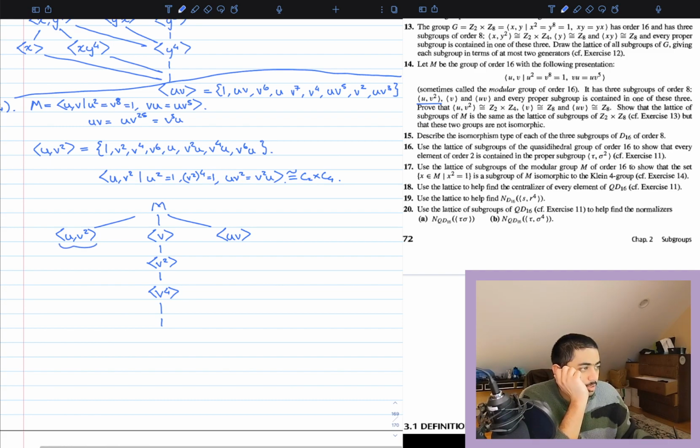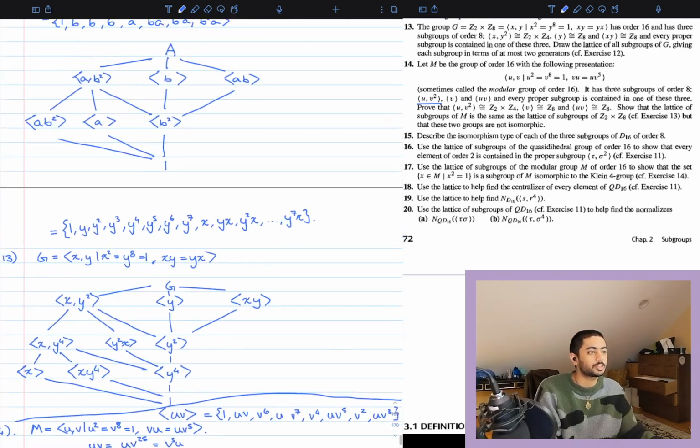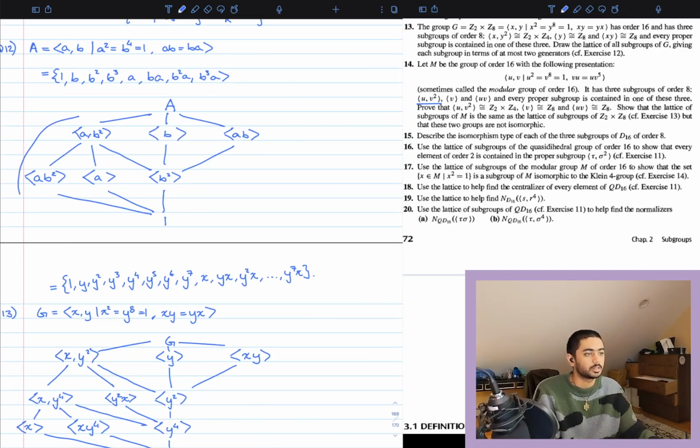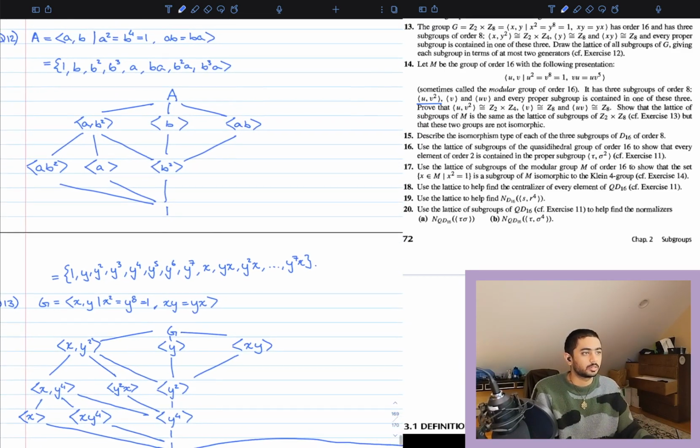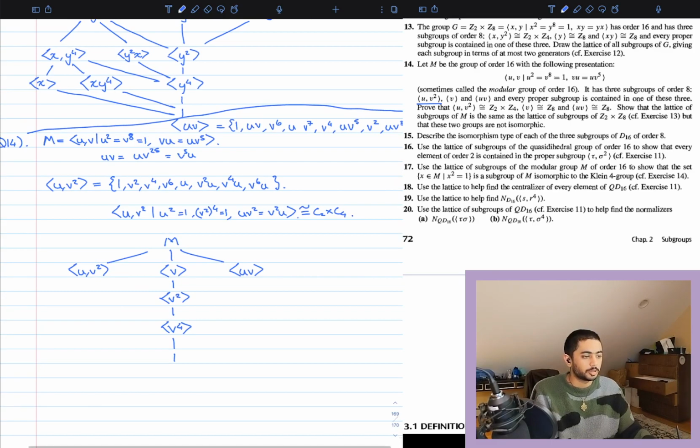Now UV squared looks kind of like this group from question 12, so let's just remember what this lattice was. And where here A was the order 2 element. So here's UV squared. Inside this, we're gonna have U and V to the 4. And we're gonna have just U and then just V squared, which is already there. So let me space this out a little better.